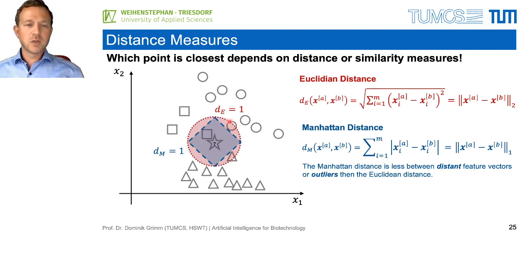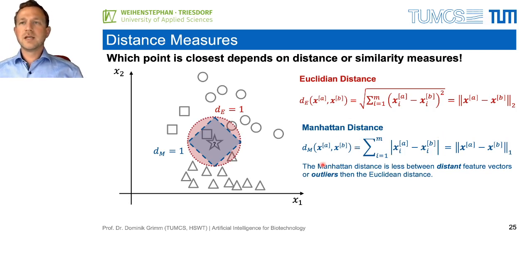So we would not consider these 2 points, because here we only look at the absolute differences and not at the squared differences. The Manhattan distance is less sensitive to distant features or outliers than the Euclidean distance. So the Manhattan distance is very good if we have a lot of outliers in our data set.